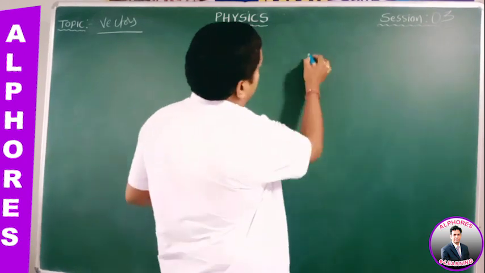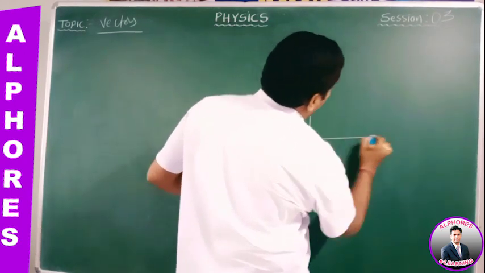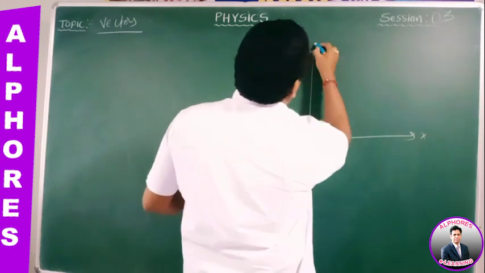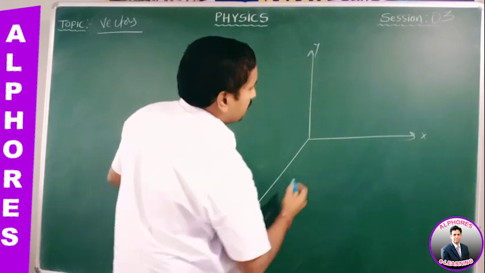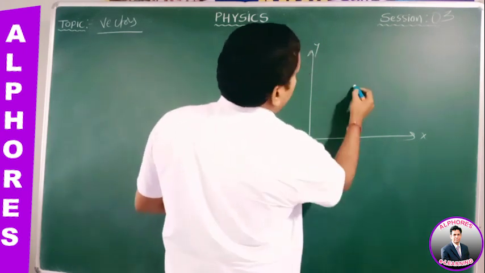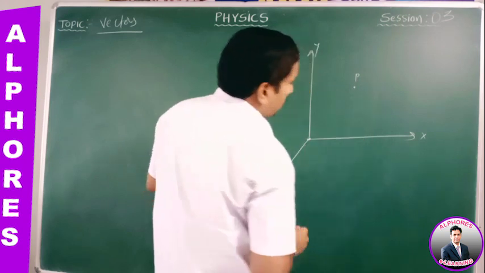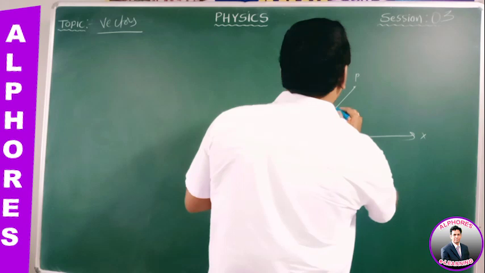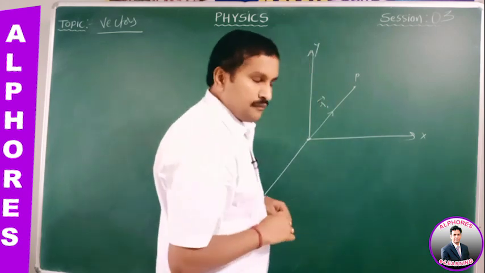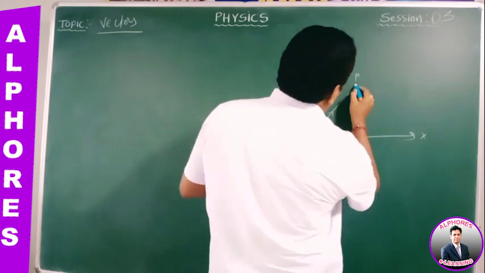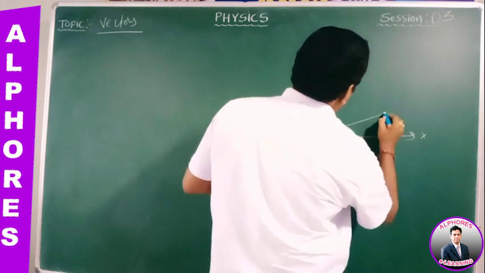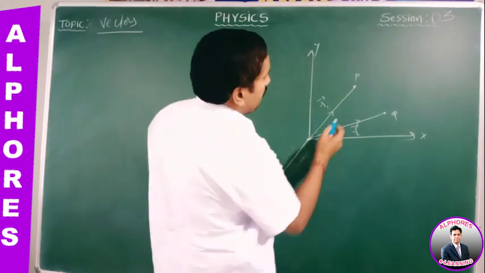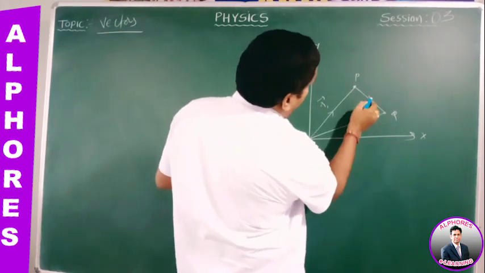This is again a rectangular coordinate system to represent space. Let us say the particle is initially at a point P with position vector r1 bar, and it moves from P to another point Q, which has position vector r2 bar.